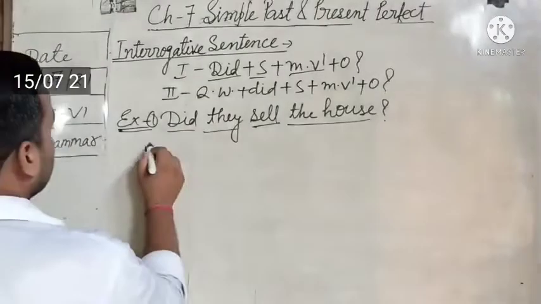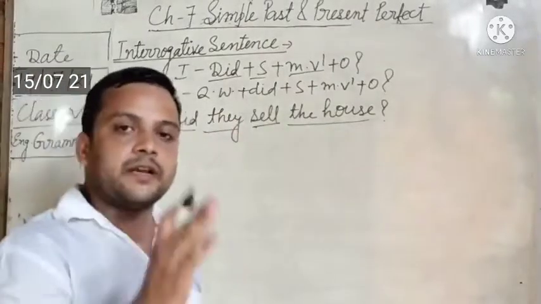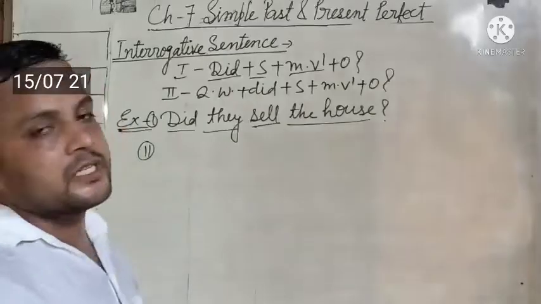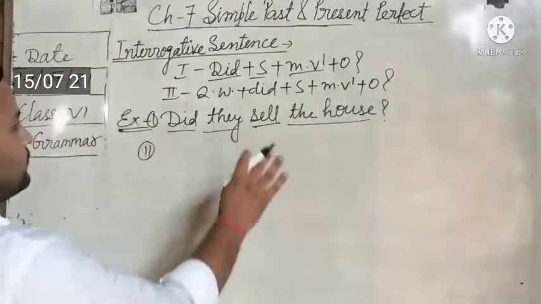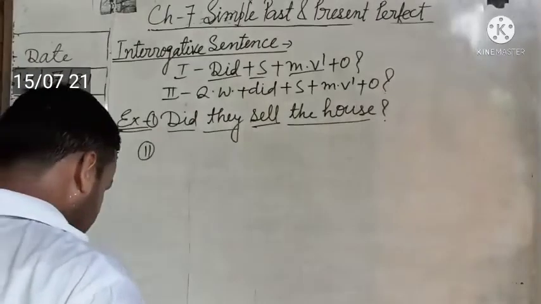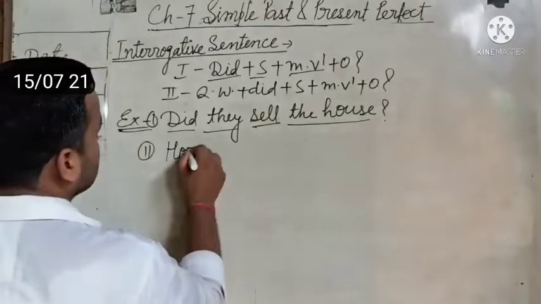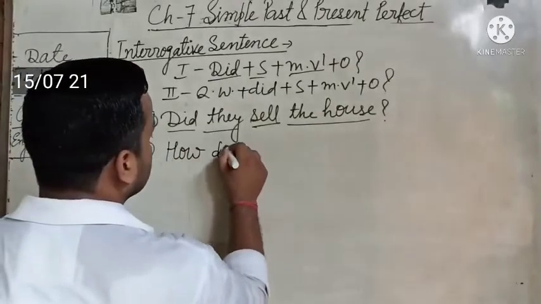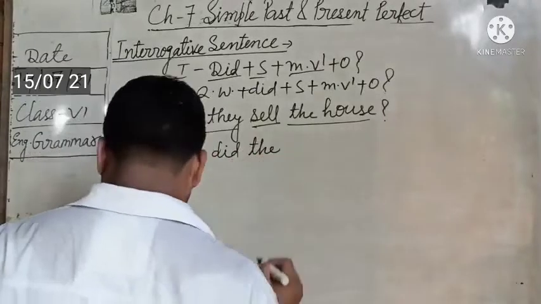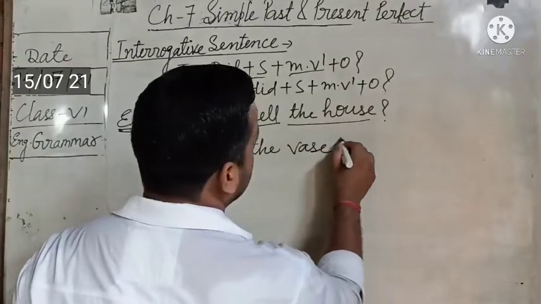See the second one. When there will be any question word, then it will be written at first. After that, we will follow the first type's sequence. Okay? How did the vase break?